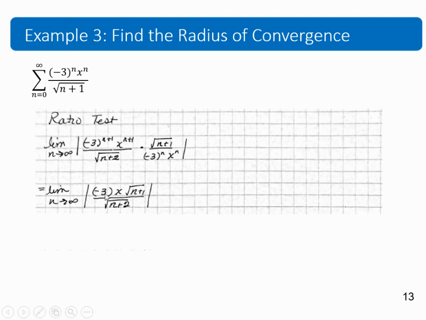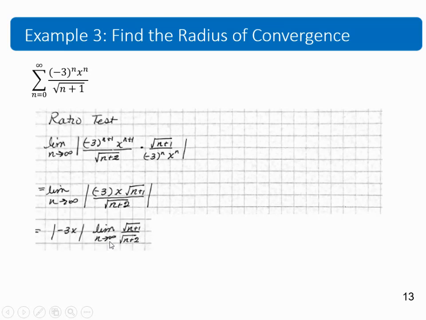There is one -3 left, there is an x to the first power left, and there's square root of n plus 1 in the numerator and square root of n plus 2 in the denominator. And so now, since you're taking the limit as n goes to infinity, you'll leave all of your n terms inside your limit, and you can factor out all your non-n terms and put them in front of your limit.